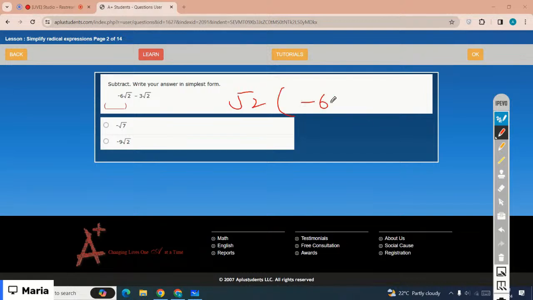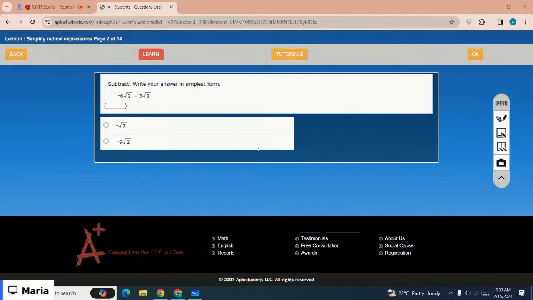So you are left with negative 6 minus 3, and negative 6 minus 3 is negative 9. So that is negative 9 square root 2. The correct option is option number 2. Got it? Negative 9 square root 2 is the correct one.